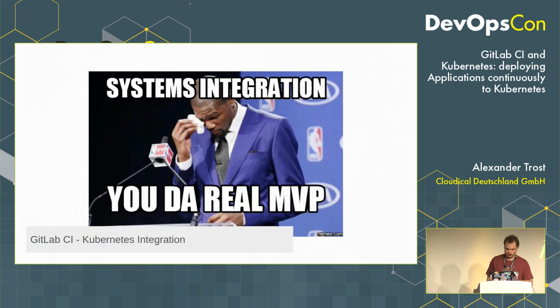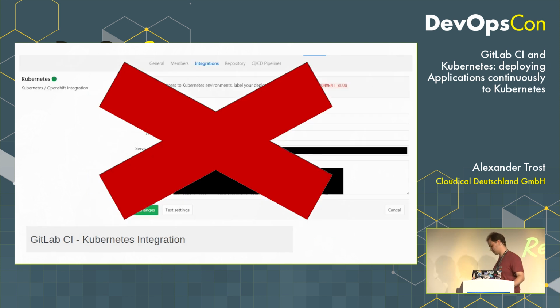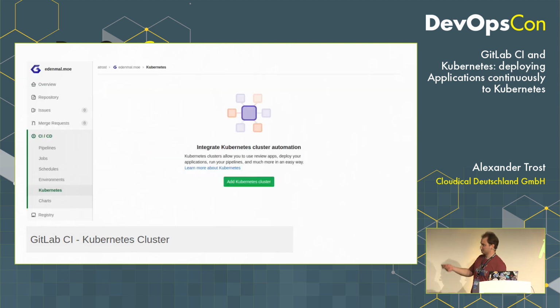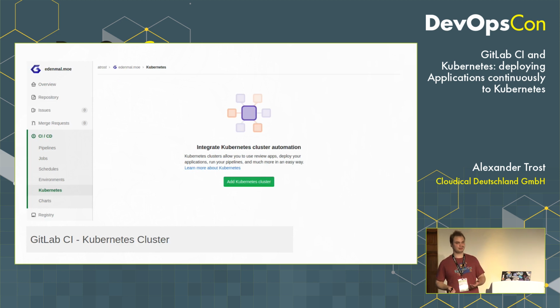And coming to the Kubernetes integration part, which is more or less now called the Kubernetes Cluster feature. It was a nice time, but it was improved. Kind of a two-sided sword, though, to be honest, that they improved it to have a separate part. You can specify more than one Kubernetes cluster per project now.